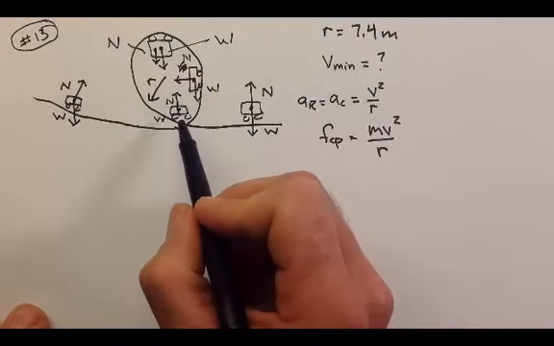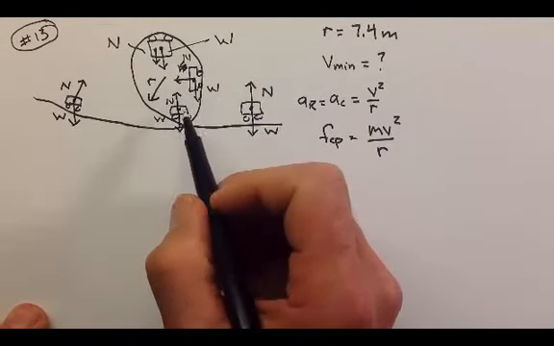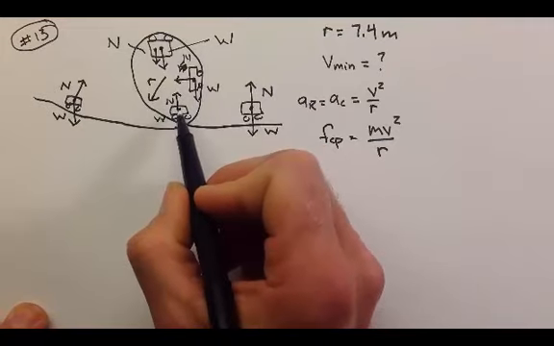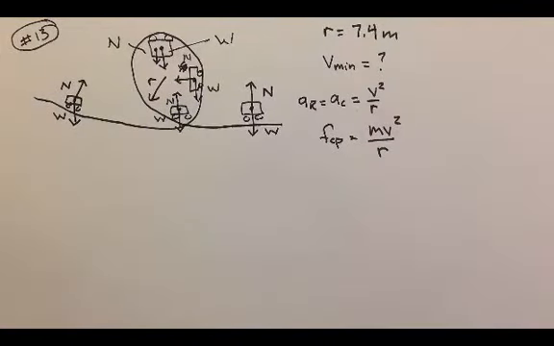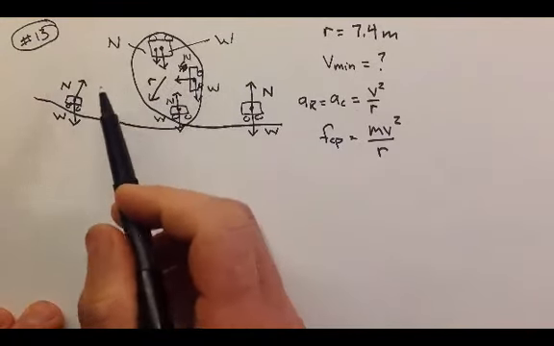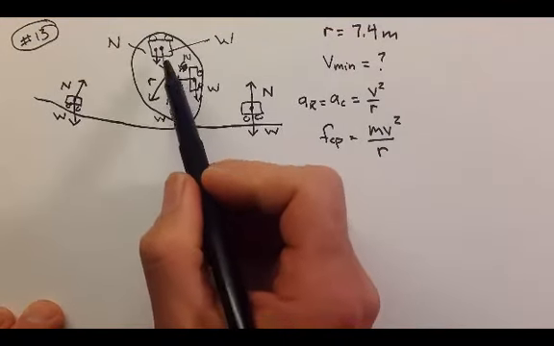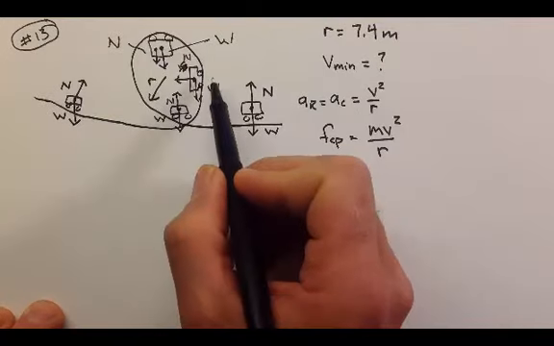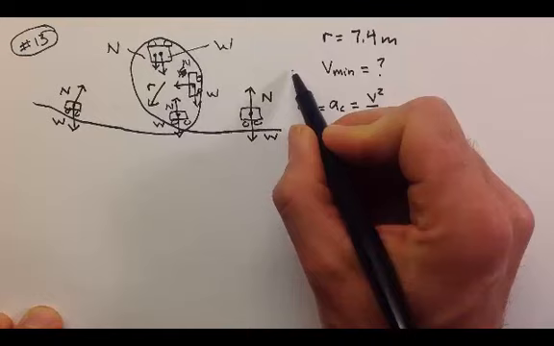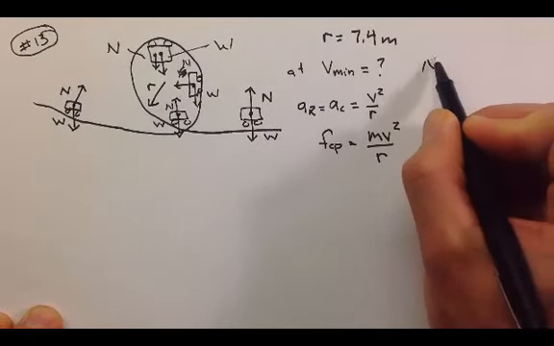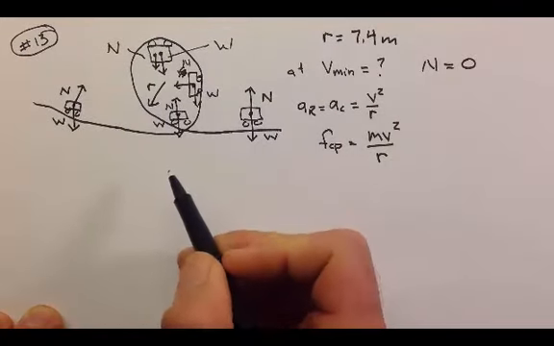All right, no matter where I am along this track, in order to be moving and accelerating in a circle, I must be accelerating towards the center. And the key to this problem is to realize that at the minimum speed at the top, at v min, N must equal 0.